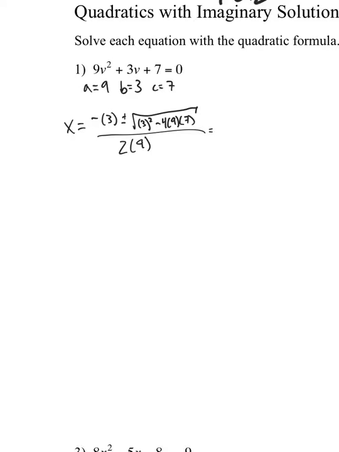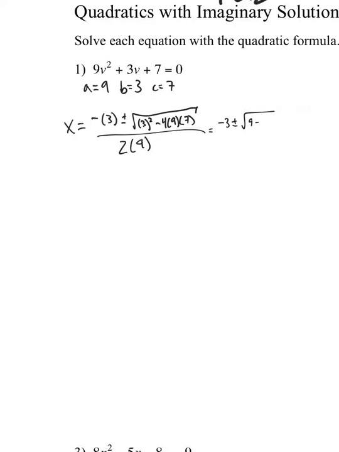Simplifying this, we've got negative 3 plus or minus the square root of 3 squared, that's 9, minus 4 times 9, 36, and then 36 times 7. Whew, started off with a tough one. Let me pull out my calculator, I certainly can't do the mental math there.